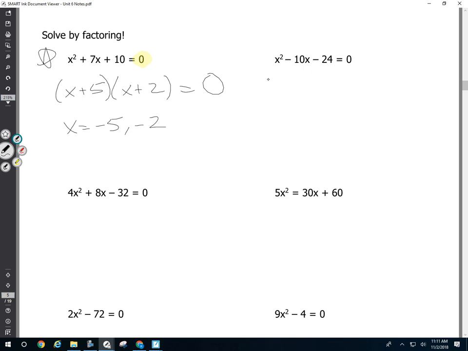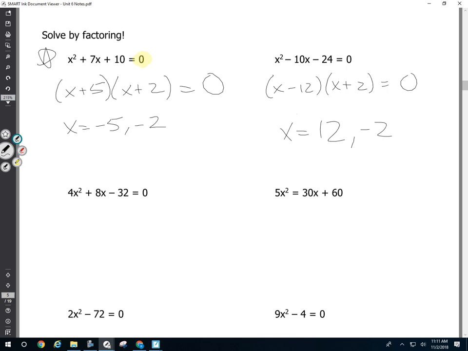So we turn x squared minus 10x minus 24 into x minus 12, x plus 2. Then I say, well, when x is 12, everything's going to be 0. When x is -2, everything's going to be 0.